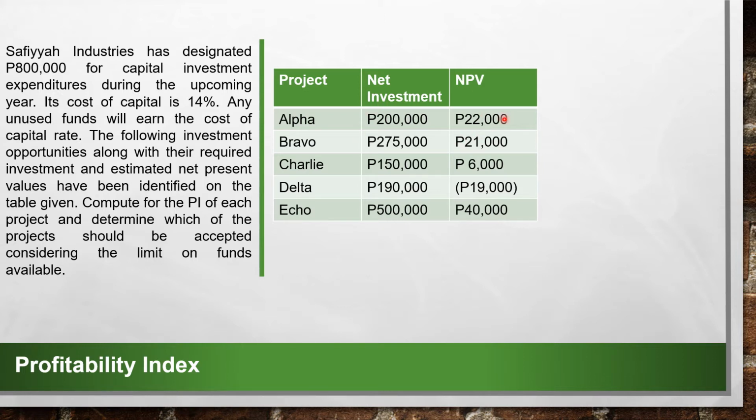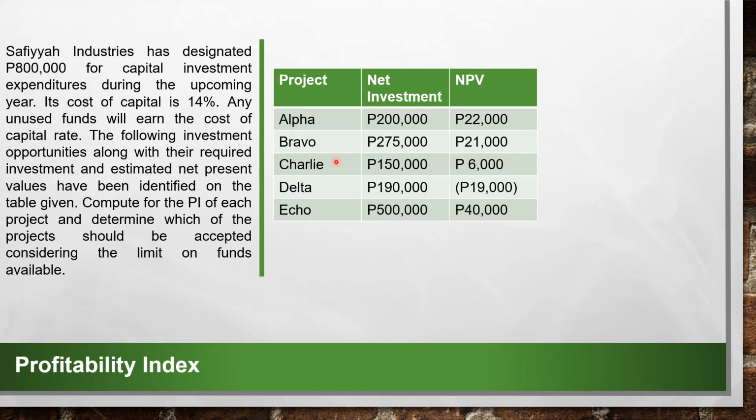So for example, for Alpha, we have net present value of 22,000, net cost of investment of 200,000. So therefore, our present value of cash inflows is 222,000. Very easy, right? Okay, so then just continue.